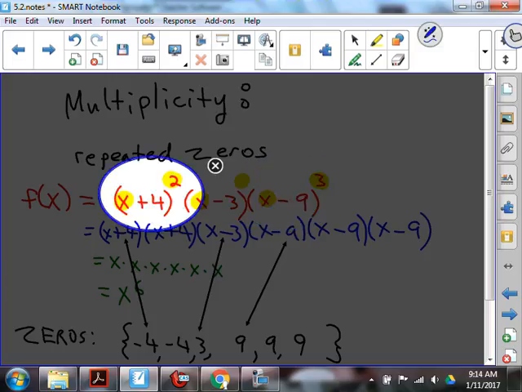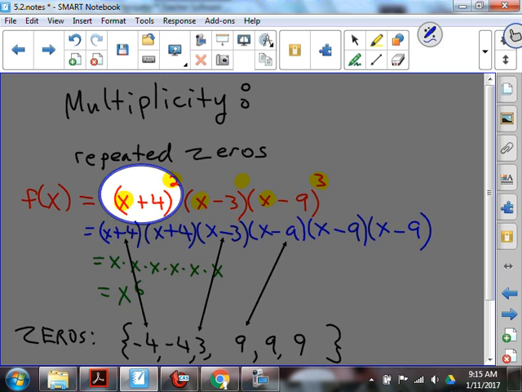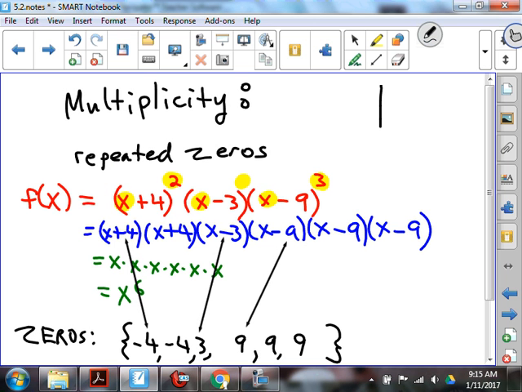When the exponent is 2, isn't that a quadratic function, a parabola? So guess how the graph's going to behave near that point? It's going to behave like a parabola behaves. A parabola kind of turns around at that point.